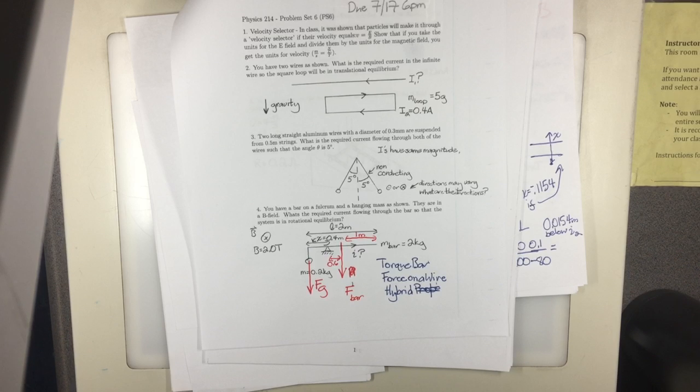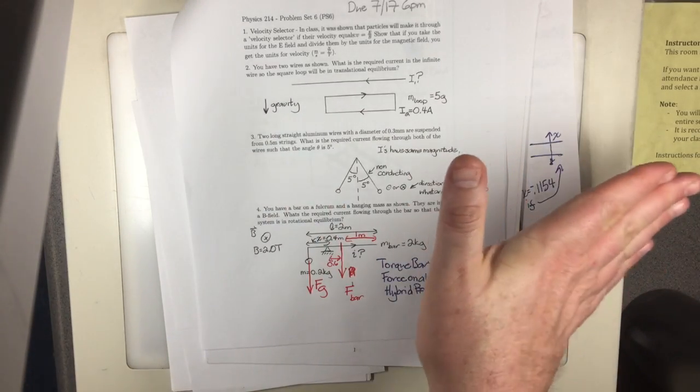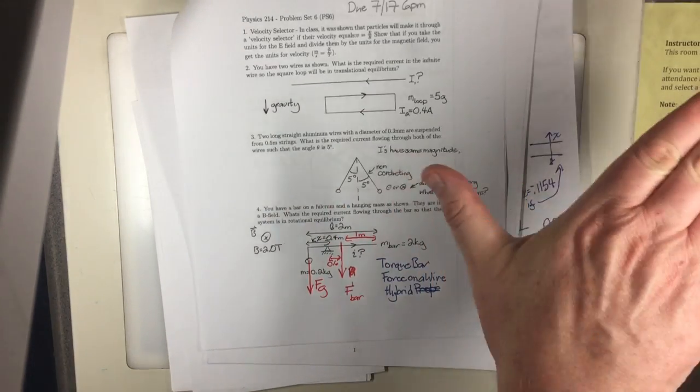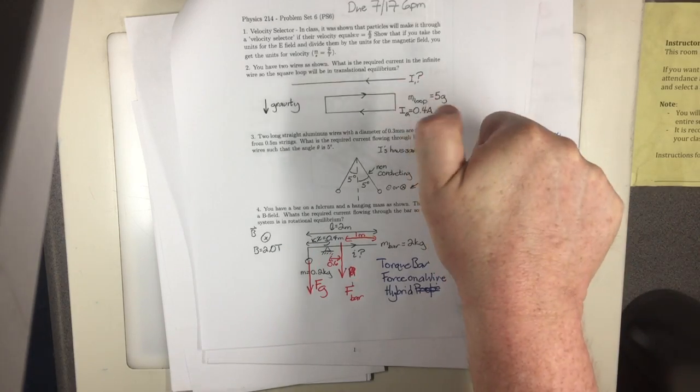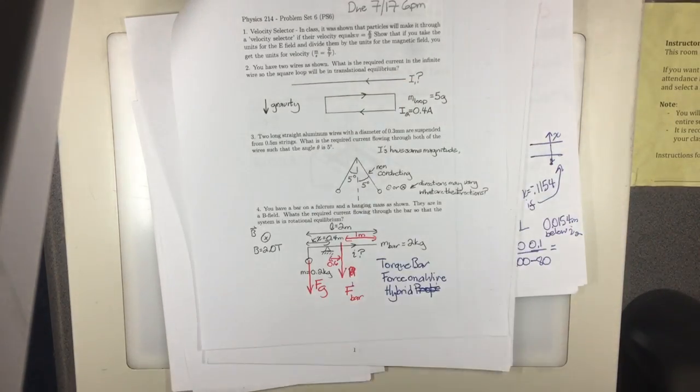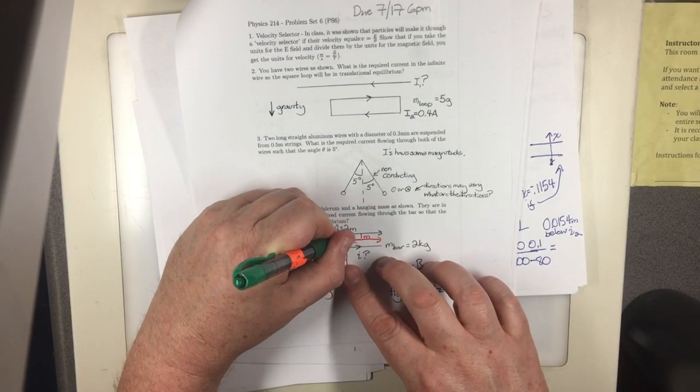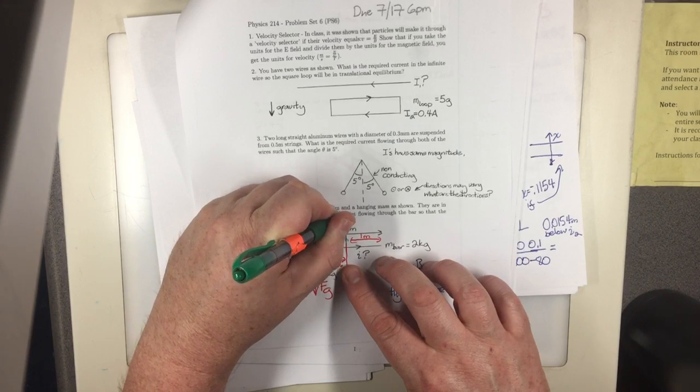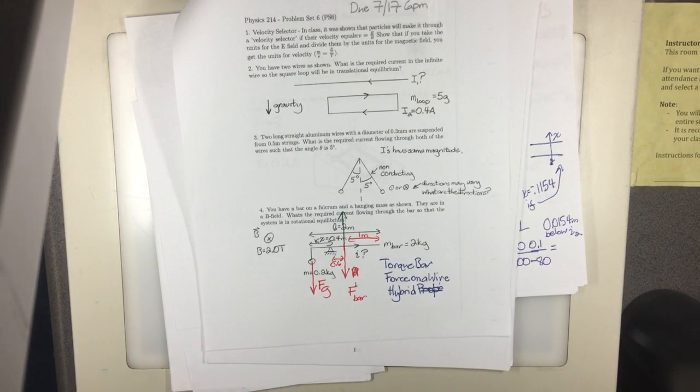The other thing that we have is the force on a wire. And the current is to the right. The B field is into the page, which means that there is a magnetic force up. And what I did is I simplified it with a force that is centralized at the midpoint, the center of mass. It's the center of length.